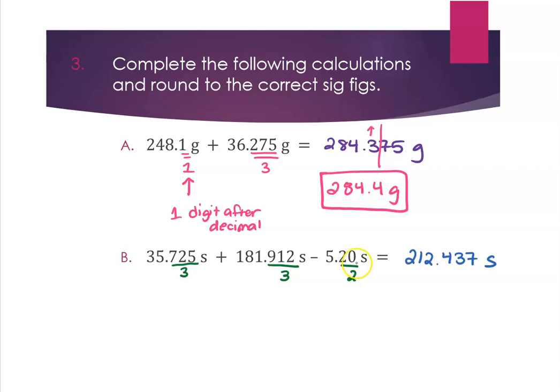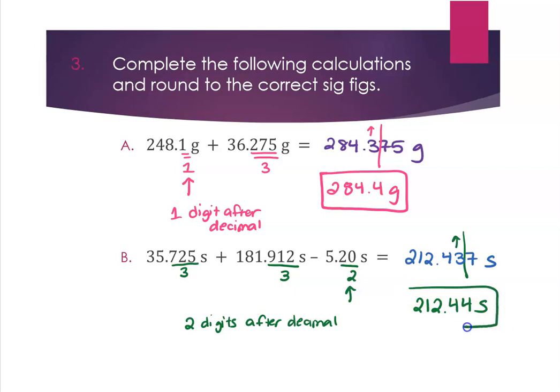Here, it doesn't matter if it's a 0 or a non-zero. Anything after the decimal place counts. So 2 is the smallest value here, so my answer will have 2 digits after the decimal. So I count at the decimal and I go 1, 2 over. The 7 means that I round up, and so I have 212.44 seconds would be my answer here.